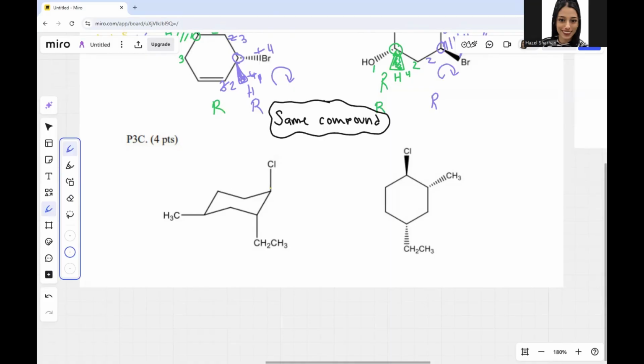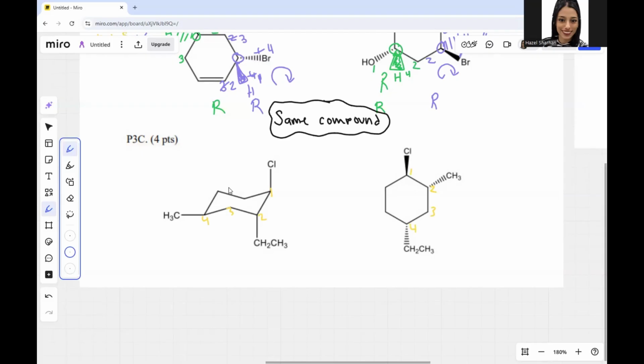So we have our chlorine number 1, ethyl group number 2, and we have a CH3 or methyl group number 3. Actually, this is 3. This is 4. And then you can continue going around if you want. I'm going to go back to the chlorine at the top, which is here, which is number 1. I have a methyl group number 2, 3, 4.